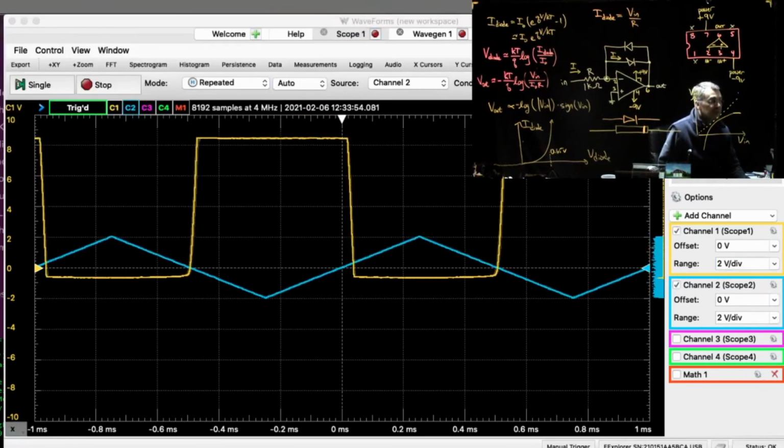The 741 can't go quite all the way to the power supply rail, but you can see it's about 8.5 volts, and then it doesn't want to go any further. So when the feedback is broken because there's no current through the disconnected diode, the output just saturates at the power supply limit. That's why that end looks a little funny.